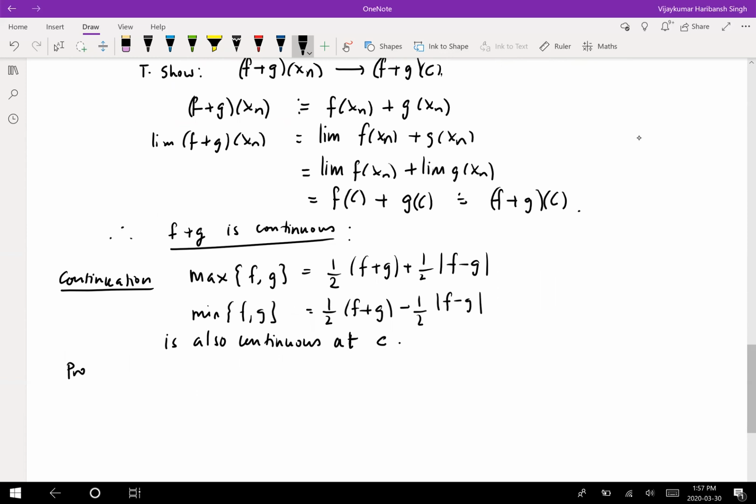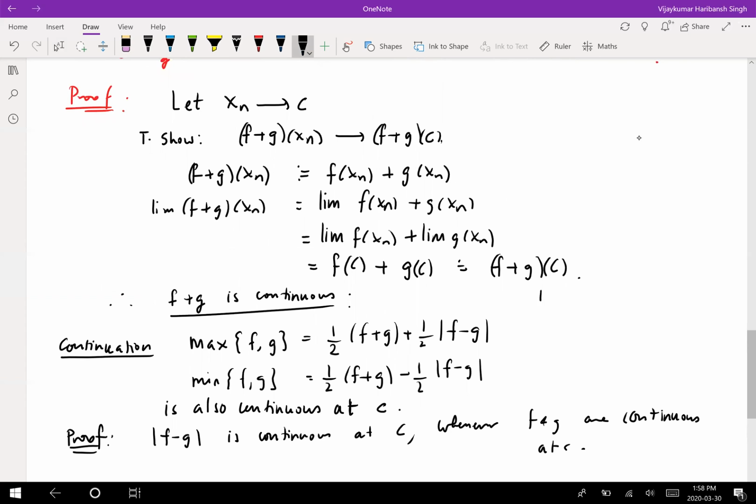So now the proof of this is interesting. Proof. So here, what you have to do is first you need to prove that f minus g is continuous at C whenever f and g are continuous at C. Okay. Note that this is true, right?